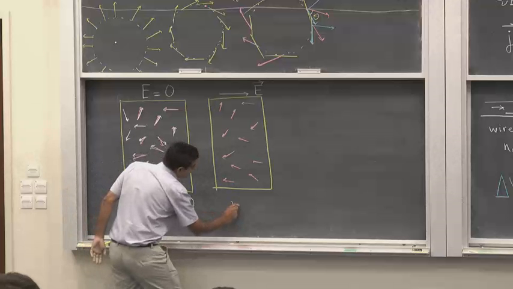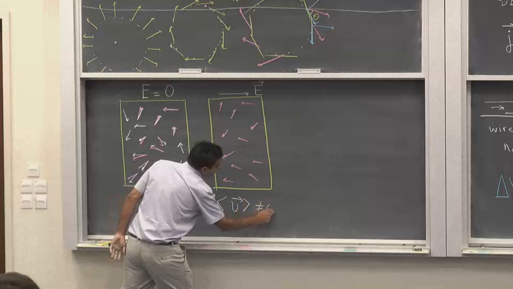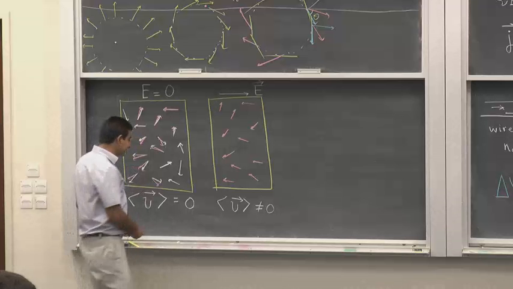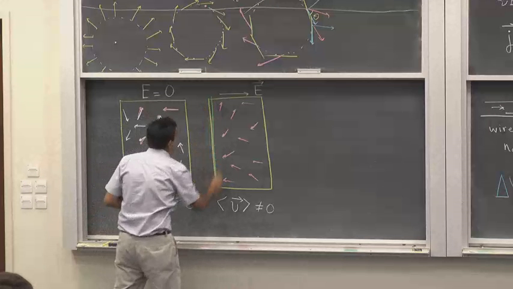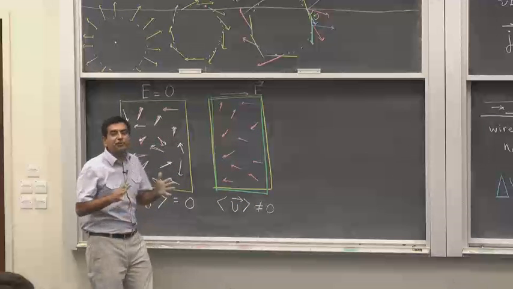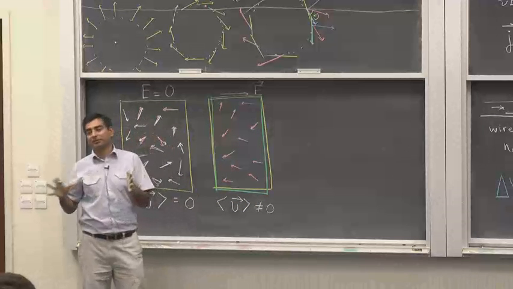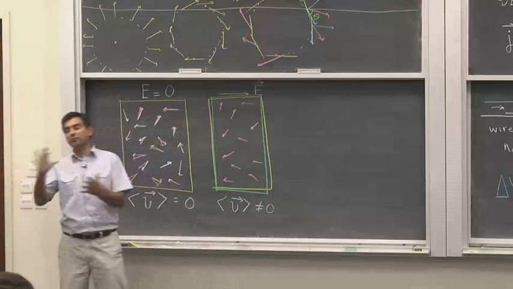So this vector sum is no longer 0. As a result, this sea of electrons is going to move as a whole. It's going to accelerate as a whole towards the left.